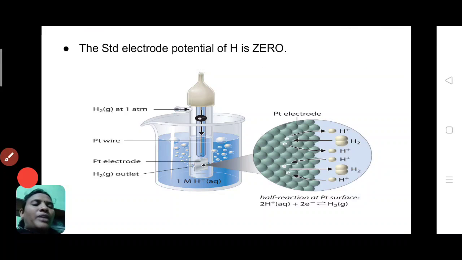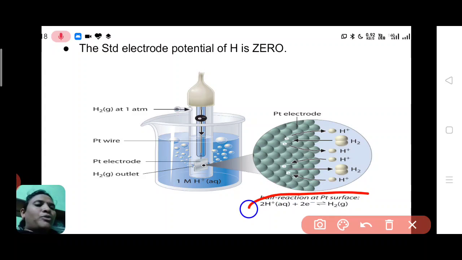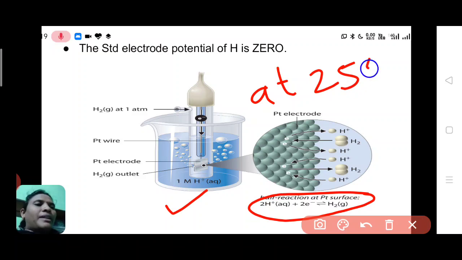So the potential developed due to this reduction reaction, for this hydrogen electrode at 25 degrees Celsius and 1 molar concentrated solution, we found is 0.